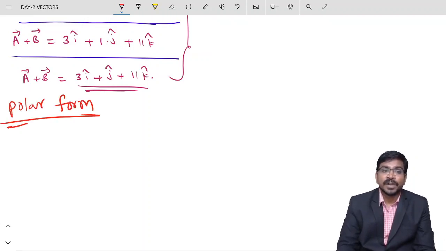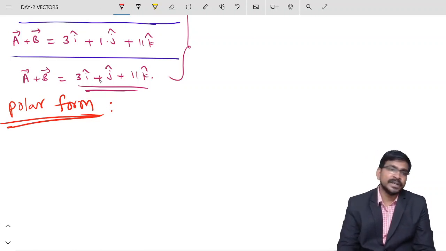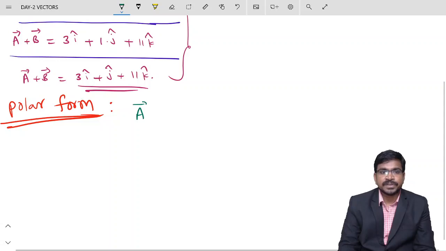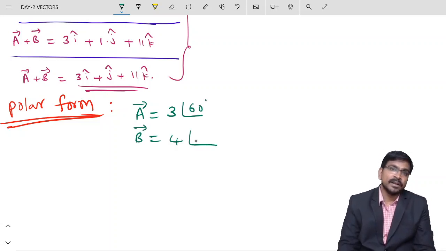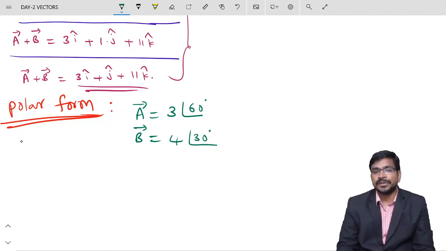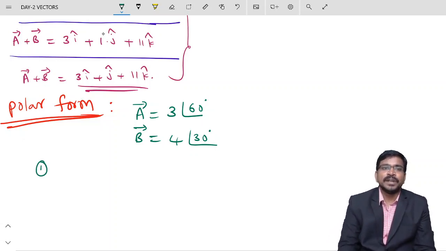Because in polar form we don't know the i, j, k components. Suppose A is given as 3 at an angle of 60 degrees and B is given as 4 at an angle of 30 degrees, then how do we proceed? For this we have two important and very easy laws.